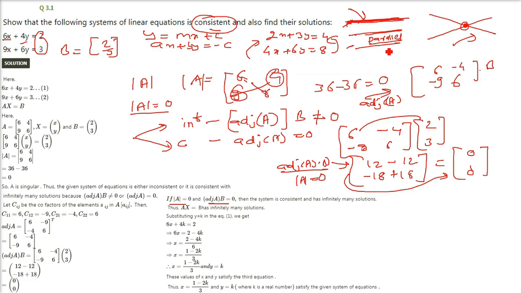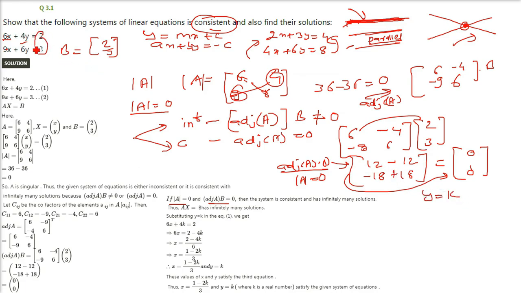They both are the same line. Again and again I am telling you, because this is the core of all the questions which are coming right after this question. So first, the determinant of A is 0. In this case, adjoint A into B is also 0. The system of equations is consistent with infinitely many solutions.